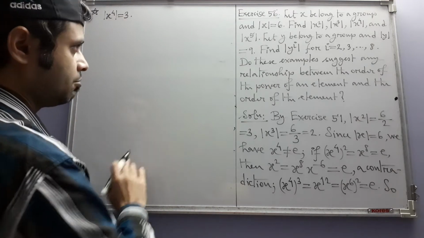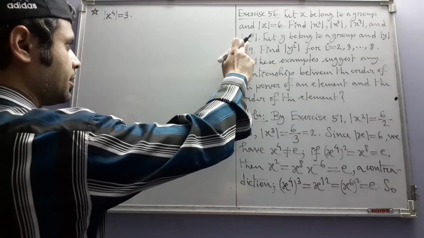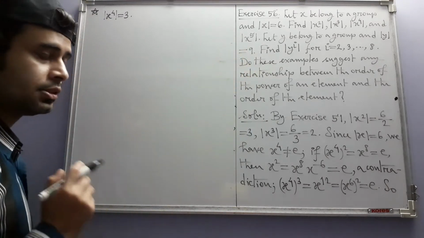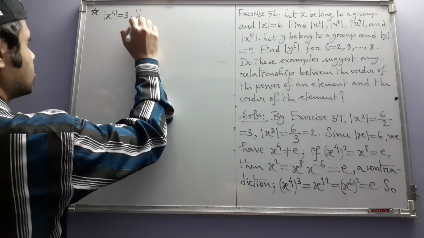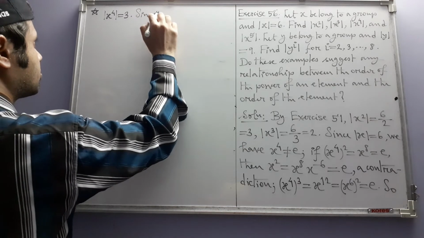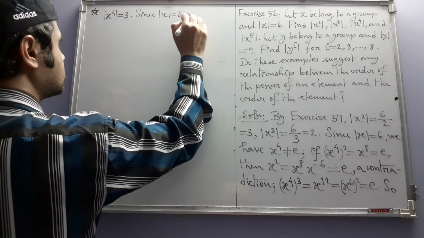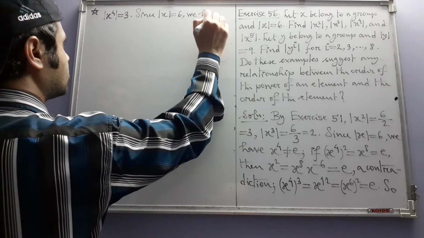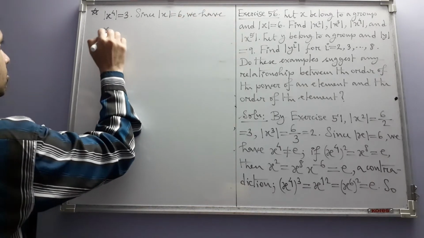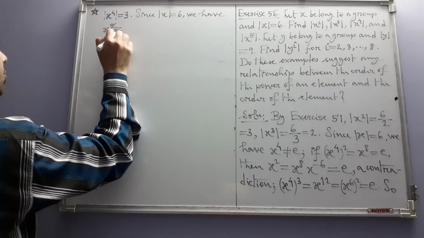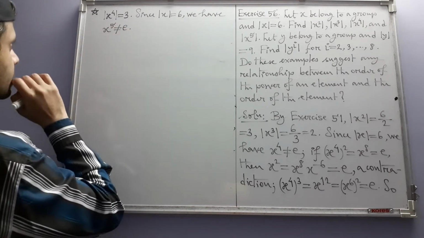Next, we are going to show that the order of x to the power 5 is 6. Since the order is 6, x to the power 5 itself is not equal to the identity.